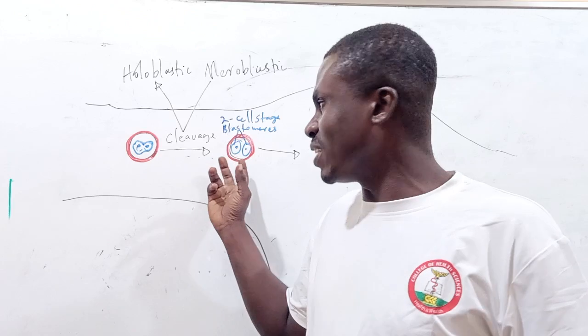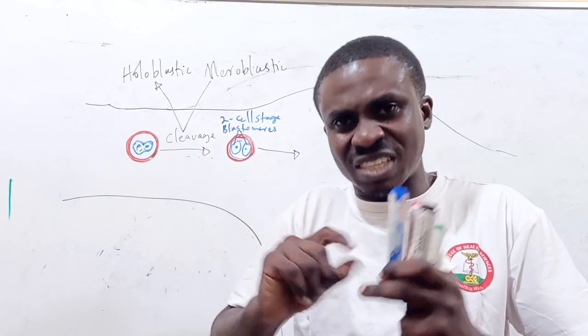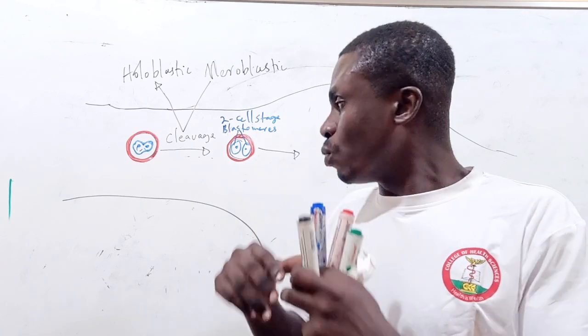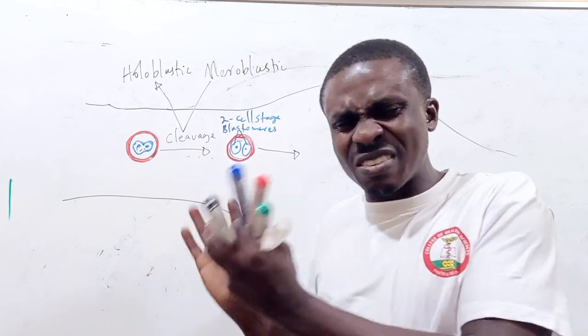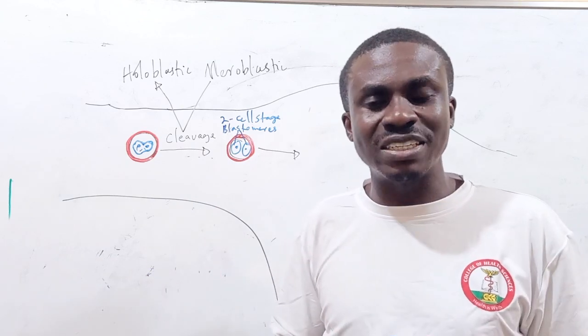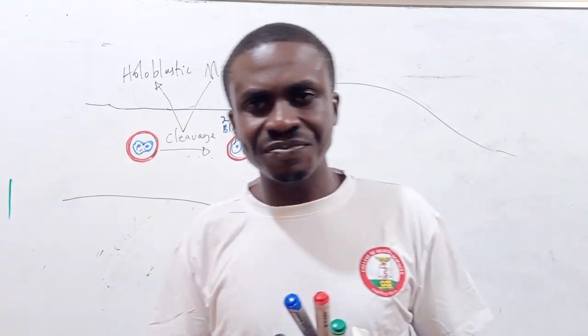So for instance, the 2-cell stage will divide at almost the same time, although there will be some slight lag phase between the two. You are going to get the 4-cell stage almost at the same time. Then we get the 8-cell stage almost at the same time. But usually one will divide before the other.